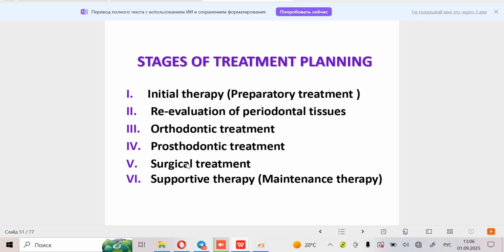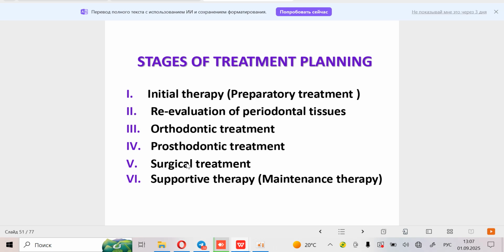The next part of our lecture is treatment planning. After determining the prognosis, the treatment is planned. The first stage is always initial treatment or preparatory treatment. The second is a re-evaluation of periodontal tissue.